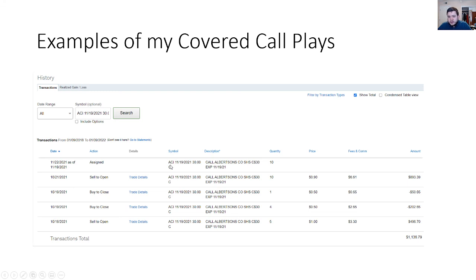So by the time November 19th rolled around, Alpersons was trading more than $30 per share, and I was forced to sell my shares for that price, but I kept the premium. So what does that mean? That means it's effectively me selling it for $30.90.